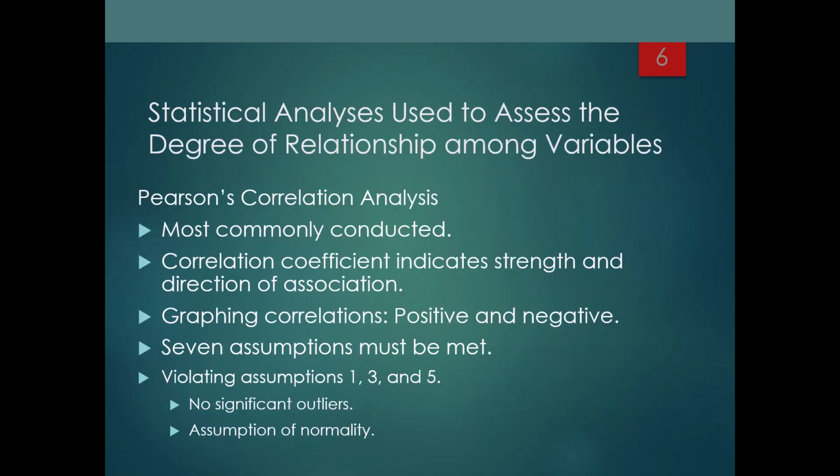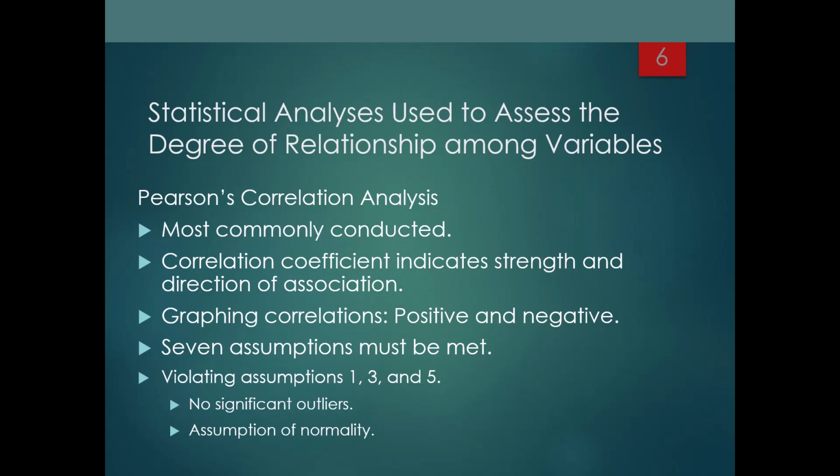So Pearson's correlation is the most common correlation analysis conducted. Researchers conduct a correlation analysis when they are interested in examining the relationship between two variables. Pearson's correlation is used to determine the association between an interval or ratio independent variable and an interval or ratio dependent variable.